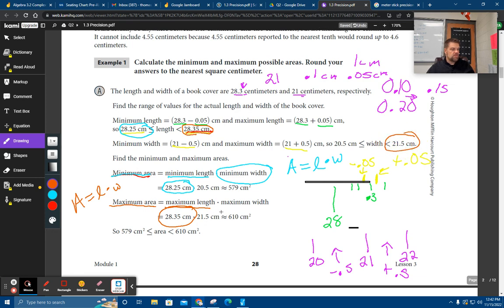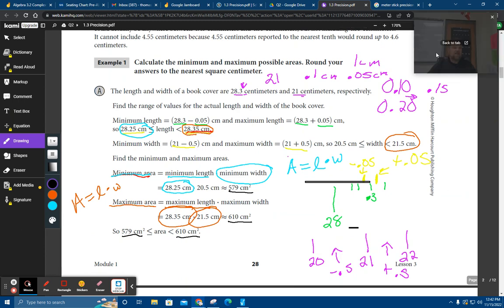This is the maximum width. And so then I'm going to say that my area lives between the minimum area and the maximum area. So this is the minimum area, this is the maximum area. Okay? That's a lot for one example problem, don't you think? All right. Well, I'll give you a second to digest that.